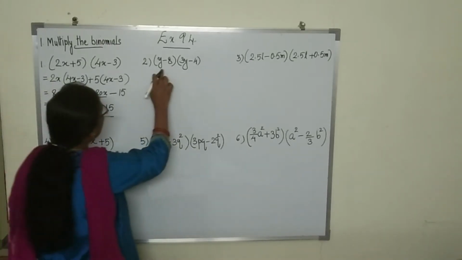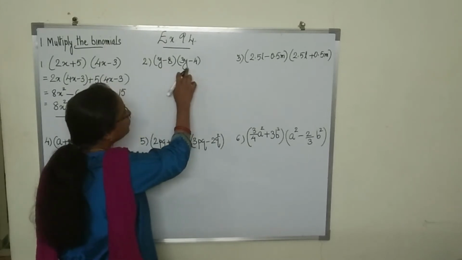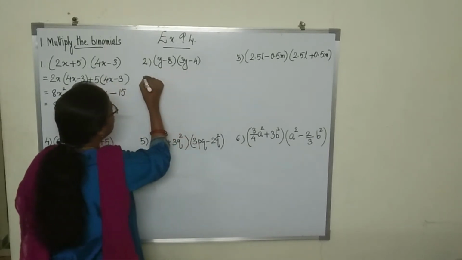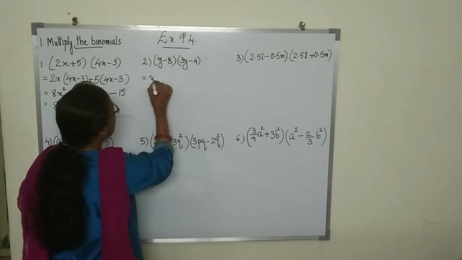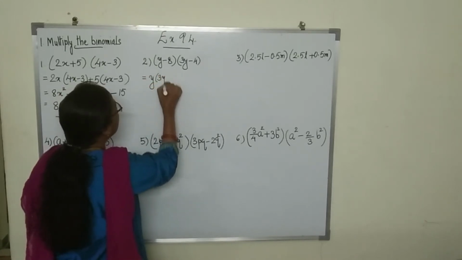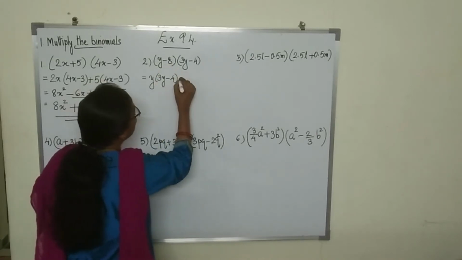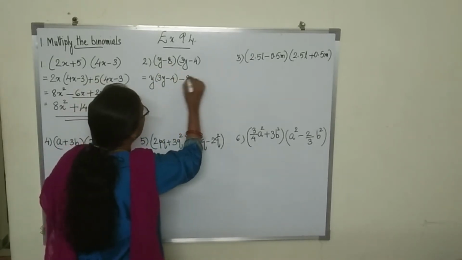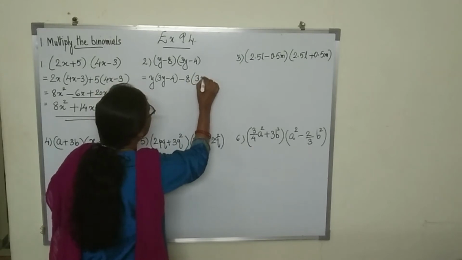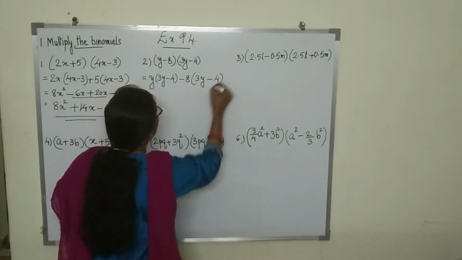Similarly, y minus 8 multiplied by 3y minus 4. So how will you do that? y into 3y minus 4. Here the sign is minus, so you have to put minus 8 into 3y minus 4.